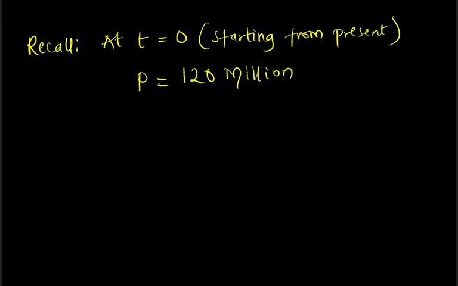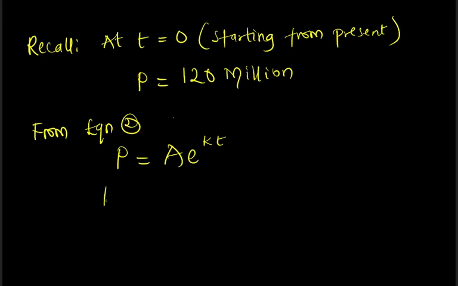We will use this condition to find our A in equation 2. Recall that equation 2 was P equals A e to the power kt. In place of P, we substitute 120 million, and a million is times 10 to the power of 6.